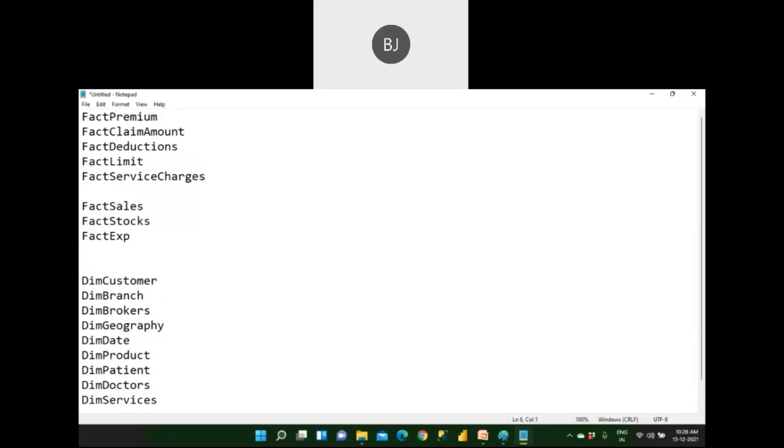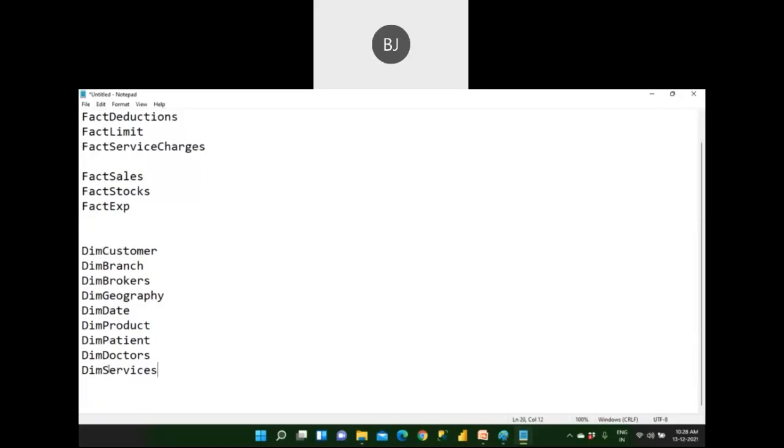Treatment charges. What are the treatments you have taken, or what are the services? If it is a hospital domain, so patient ID, dim patient, dim doctor, dim services amount, then dim laboratory charges. So dim laboratories, and a lot of options are available.